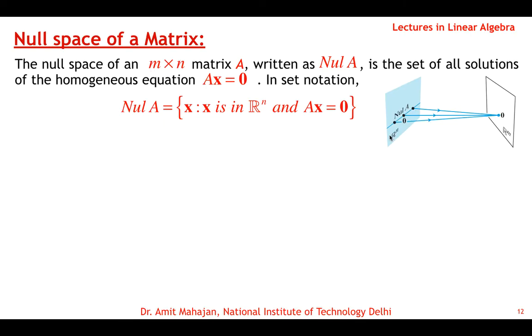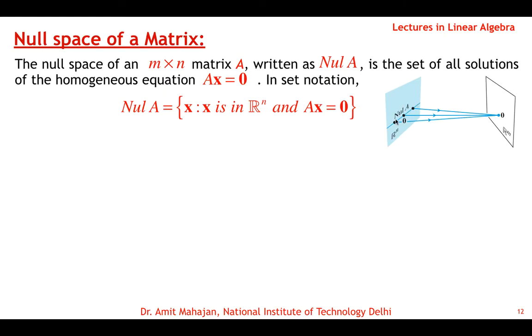So there is a domain Rn and there is a codomain Rm. The transformation is from Rn to Rm, and so all the vectors x which satisfy the homogeneous equation, that means all the vectors x which under the transformation map to the 0 vector. So all those vectors in the domain which go to the 0 vector in the codomain will belong to the null space of A.